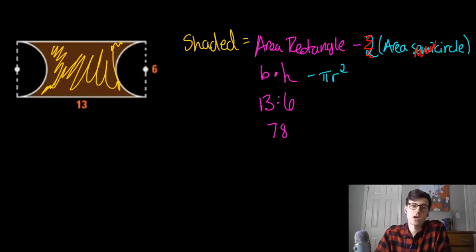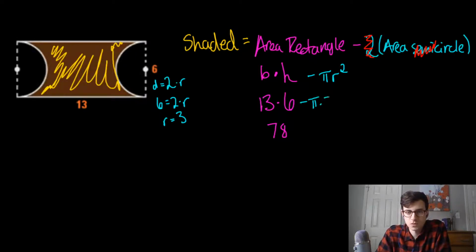I'm not given the radius. I'm given this length, which is the diameter of the circle. Remember, the diameter is twice the radius. So 6 is twice the radius because 6 is my diameter. That means my radius is 3. So minus pi times 3 squared, and pi times 3 squared is 9 pi.